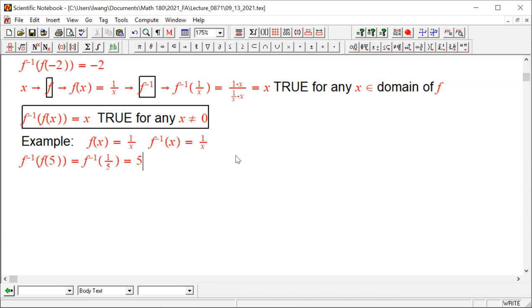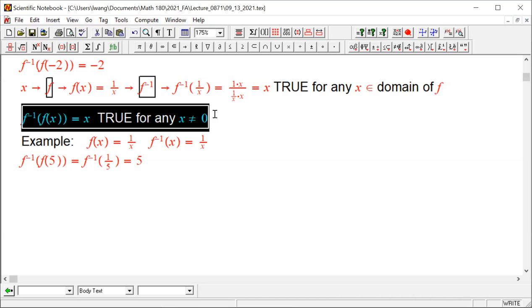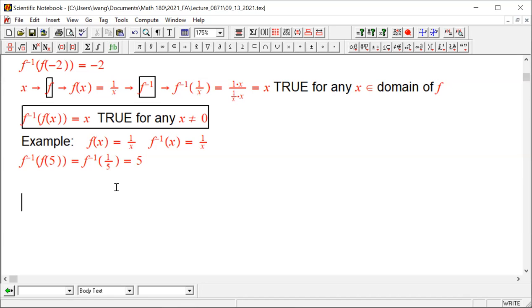Isn't mathematical notation simpler than the machine drawing? And if you know this property is always true, you actually don't need to go through this. You can just say it's going to be x without having to do anything.